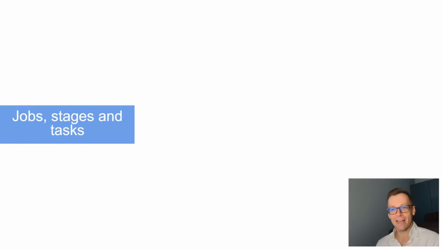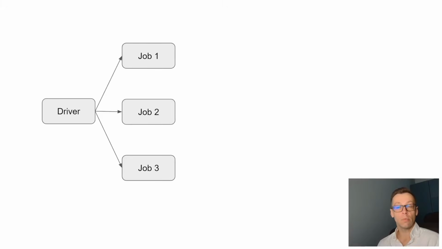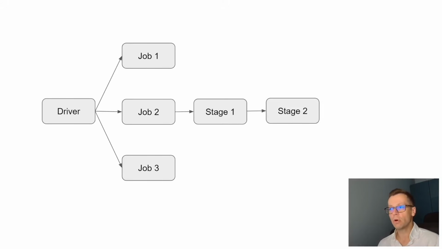Jobs, stages and tasks. Every time we submit an application, the driver will split our application into one or more jobs. Jobs can be run in parallel under some circumstances, but usually they will be run one after another. Inside each job, we have one or more stages.